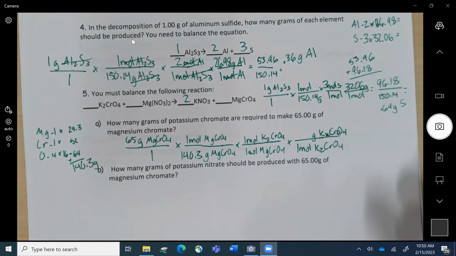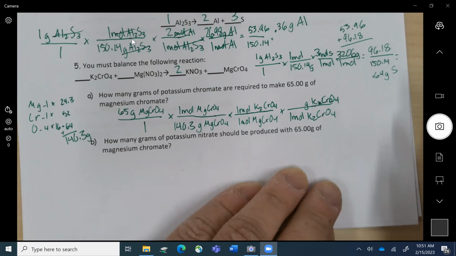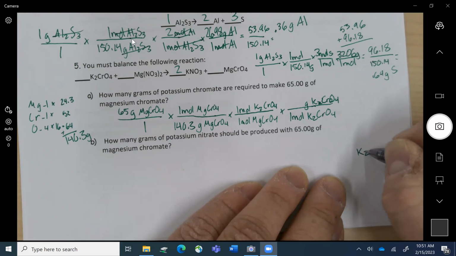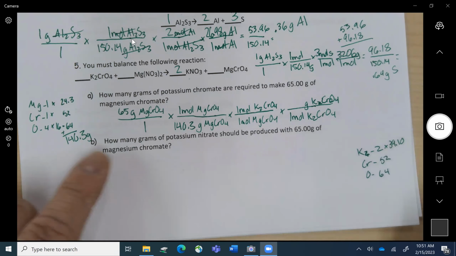Okay. The next one, potassium. I'm going to do it over here. K2, there's 2, and then CrO4. Potassium weighs 39.1. This is 52, and this one weighed 64, because it's the same as over here.